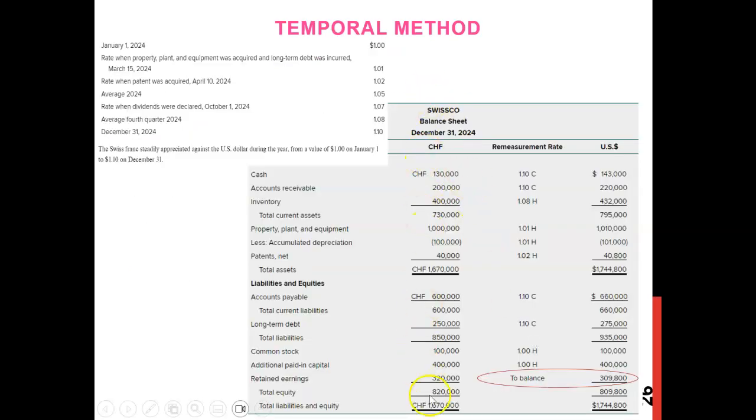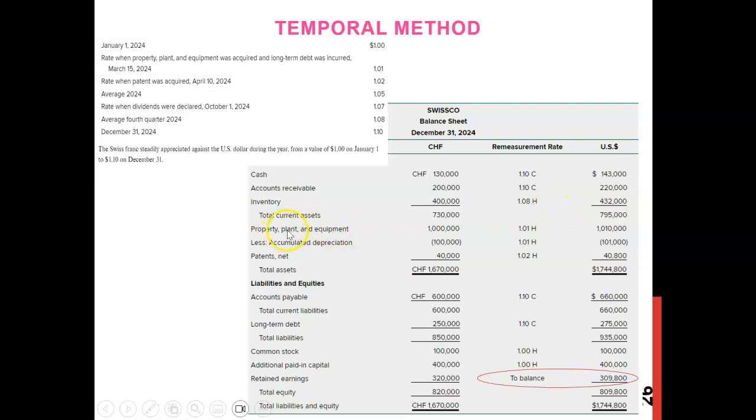This is the same Swiss franc balance sheet. Now what we are doing, we are converting following the column under the temporal method. And if you remember, for current assets and liabilities, we use the current rate, which is December 31st. For long-term assets and intangibles, we use the historical rate.